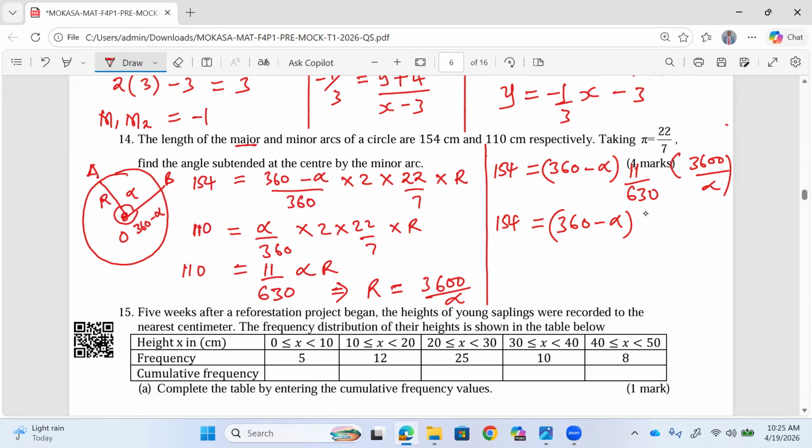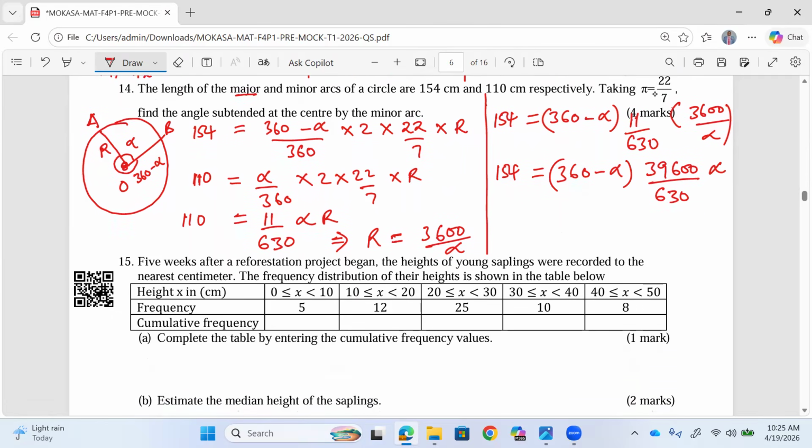So this is 39,600 out of 630 alpha. So now we can open brackets, right? No, alpha is at the denominator, sorry. So with this, we can now open the bracket here.